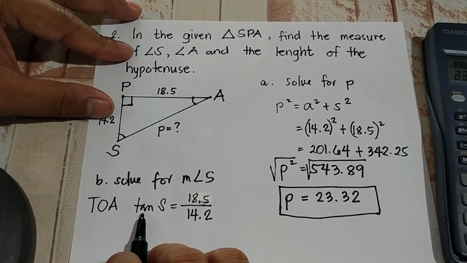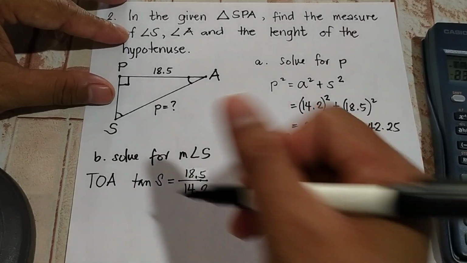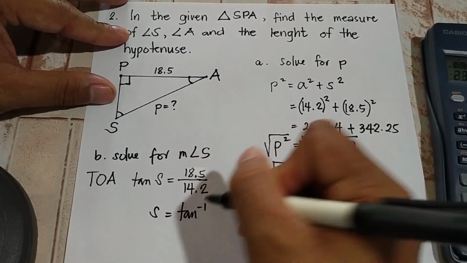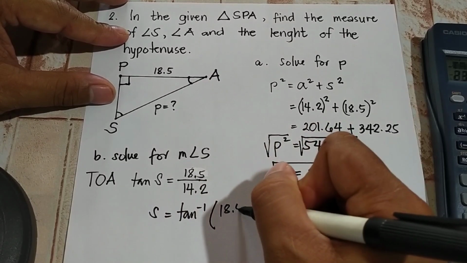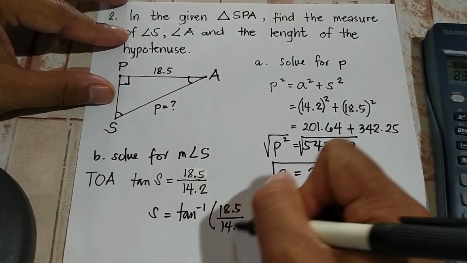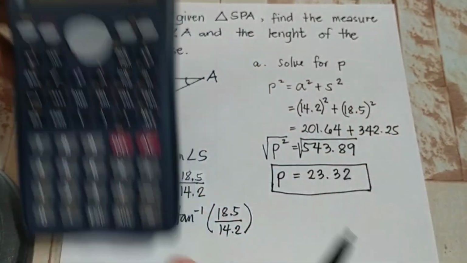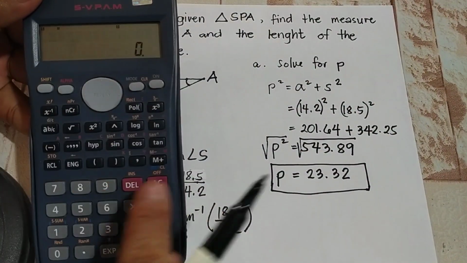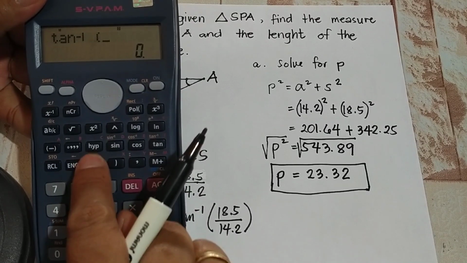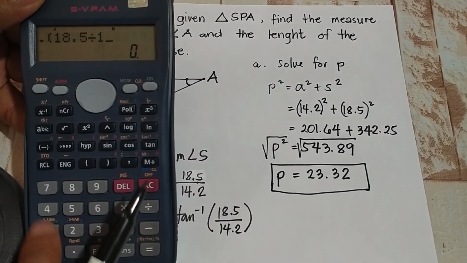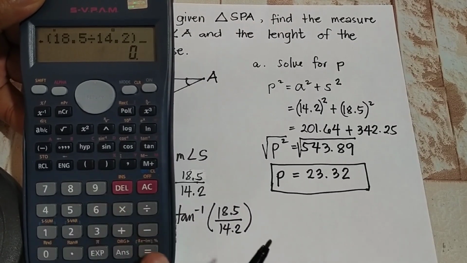So what is then the measure of angle S? Transfer tangent to the other side. That becomes angle S is equal to inverse tan of 18.5 divided by 14.2. So in the calculator, shift tangent, open, then 18.5 divided by 14.2, then close.